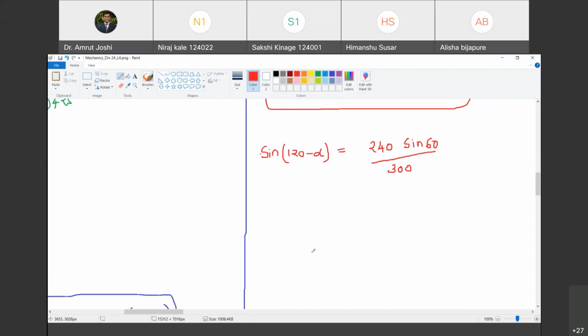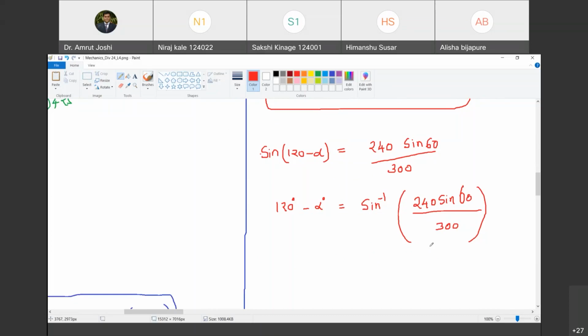Happy? So 120 degree minus alpha degree is equal to sine inverse of this quantity, 240 sine 60 divided by 300. So can you tell me what is sine inverse of this quantity in degree mode? Put your calculators in degree mode and tell me what is the value. I will also calculate with you.